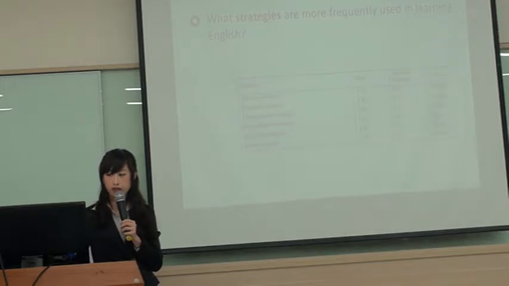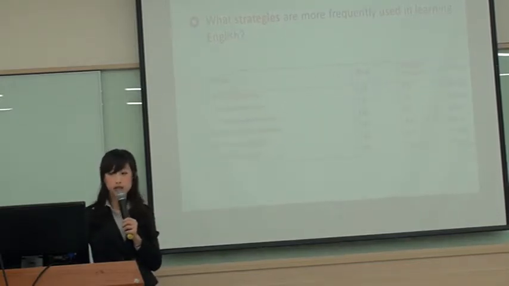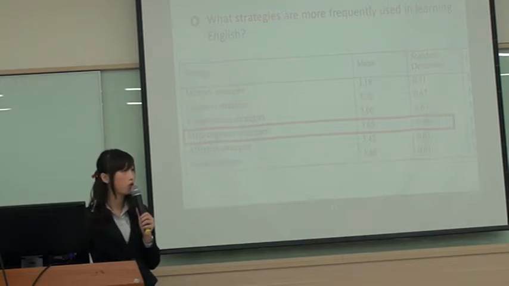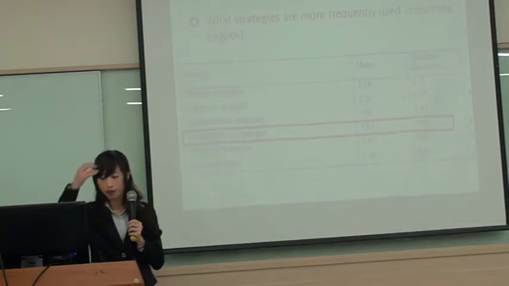And here's the finding. I will show you the result of the study. The first research question is, what strategies are more frequently used in learning English? The table showed us that the students use metacognitive strategy more often. Just go back to slide 14.